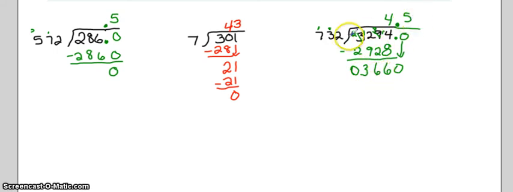Okay, so 5 times 2 is 10. Write your 0, carry the 1. 5 times 3 is 15, plus 1 is 16. Carry the 1. 5 times 7 is 35, plus 1 is 36. All right, we subtract, we get 0, so our answer is 4.5, or 4 5/10.